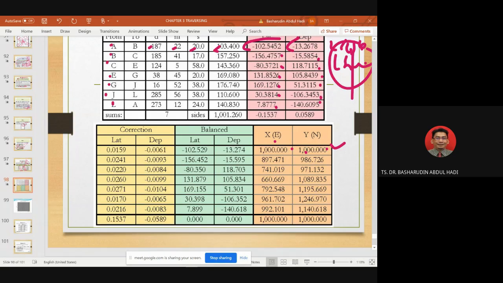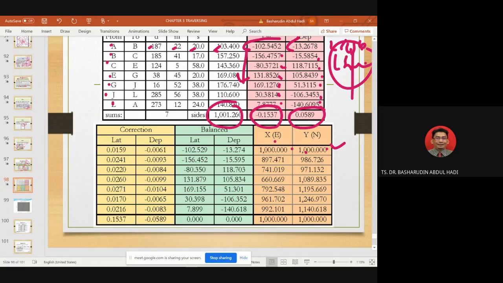After you get this, what do you do? You total the distance up here. You get this value. And here you also total up: negative plus negative plus negative plus positive, positive, positive, positive. You get this value, and you also sum up here. So you see that here is the error.